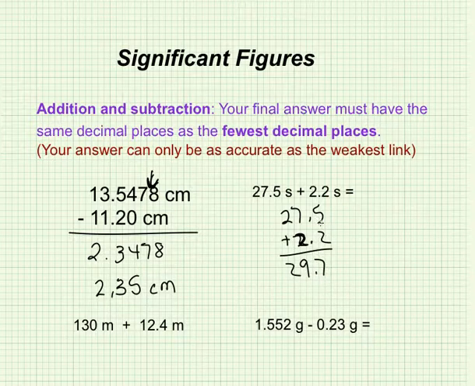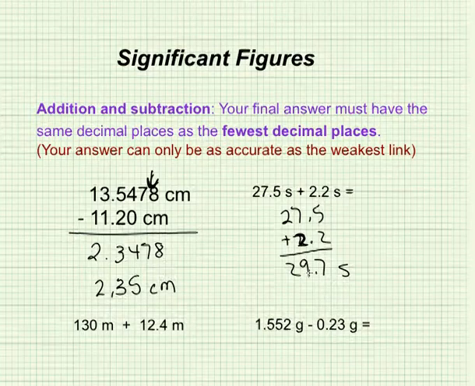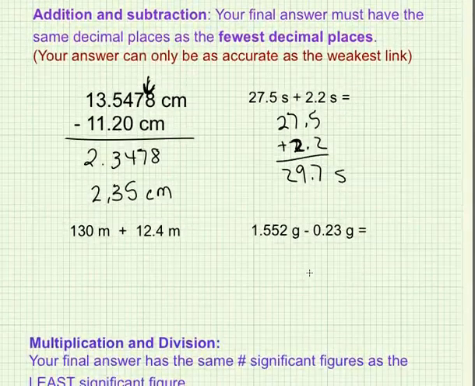This is accurate to the 10th place, and this is accurate to the 10th place, so my answer can go to the 10th place. I need to remember to use units, and I've got seconds. So I've got three significant figures. Notice, this number has three significant figures, while the 2.2 has two significant figures, and yet my answer has three significant figures.